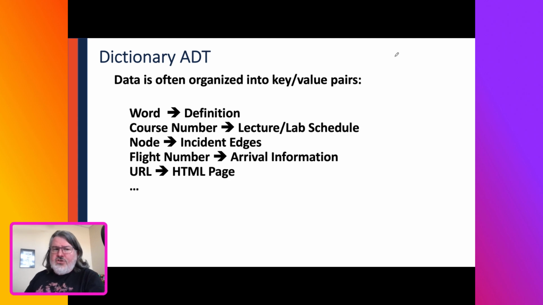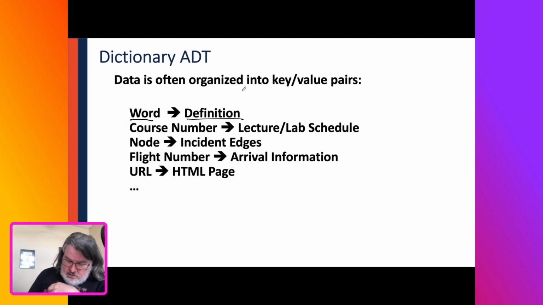The dictionary abstract data type is super useful. It's so useful that some modern languages have it built in. It organizes data into keys and values, as in the words and the definitions in a dictionary, right? If I know the word, I can look up the definition. On the other hand, knowing the definition doesn't help me find the word.